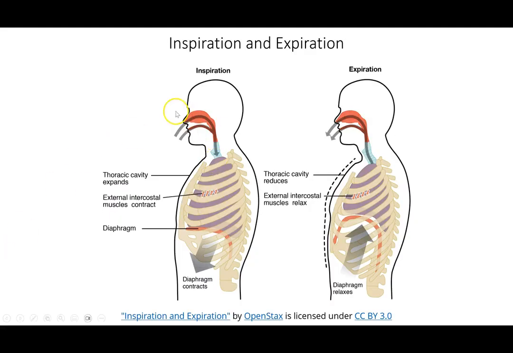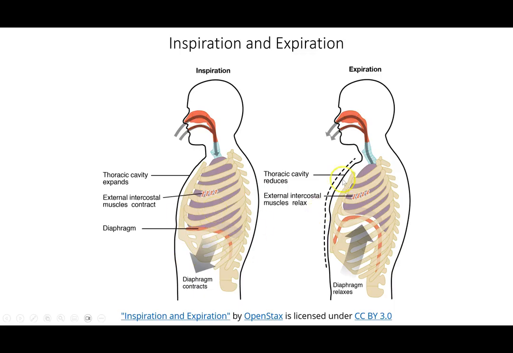So inspiration is breathing in, expiration is exhaling or breathing out. And so for inspiration, the thoracic cavity is going to expand. It's going to get bigger. The external intercostal muscles are going to contract to help pull the ribs up and out. And the diaphragm is going to contract and flatten out a lot to increase that thoracic cavity.